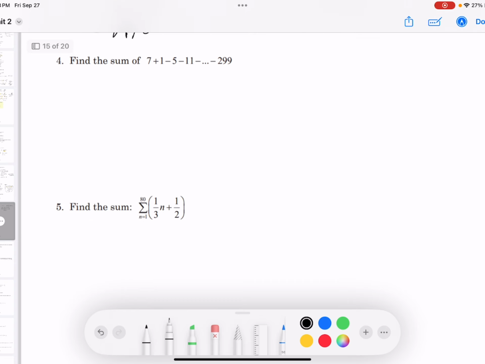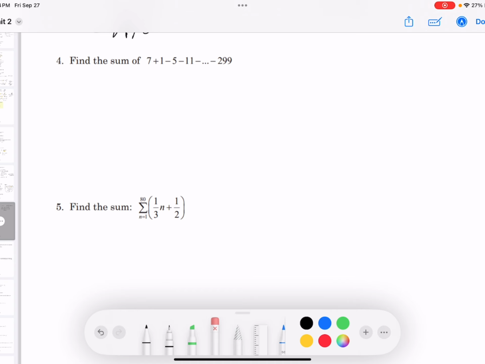Find the sum. This one is also an arithmetic sequence. You see the difference between the first one and the second one, to the third one. The difference is -6. So the common difference d is -6. From any of the successive terms, I can tell the d.